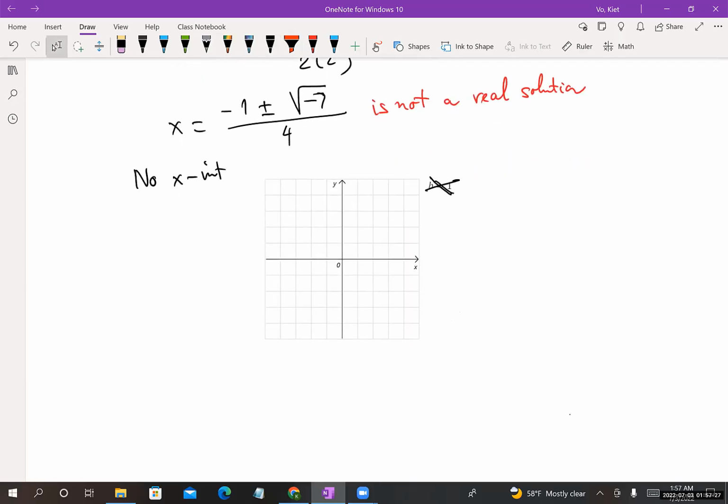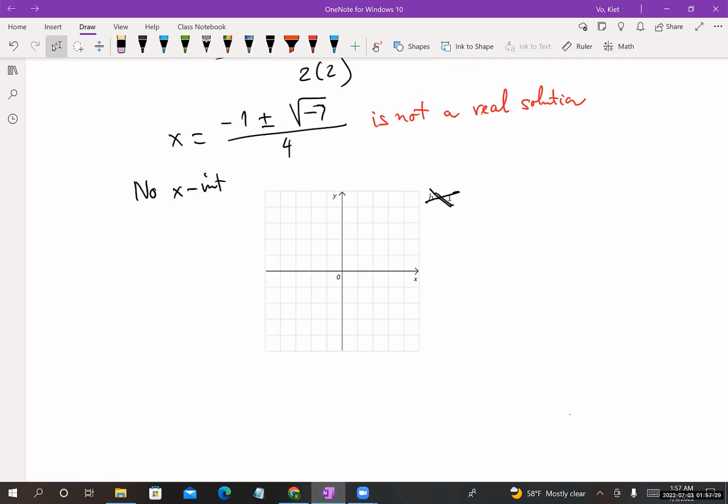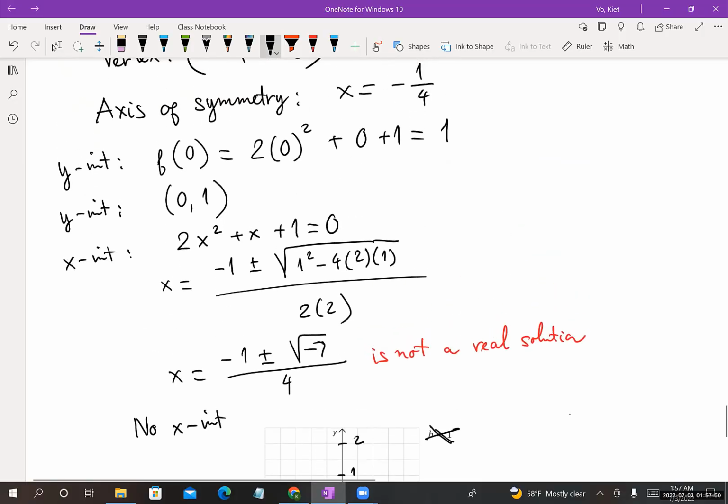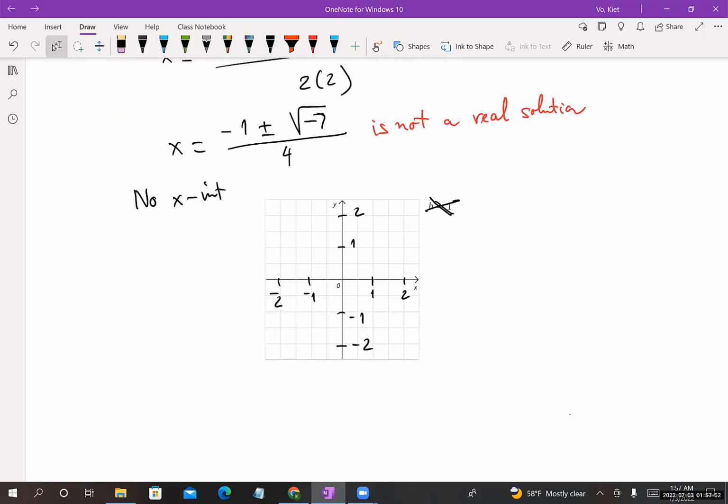Okay, so here I'm going to set the scale. Let's say this is 1, let's say 2, negative 1, negative 2. I'm going to locate the y-intercept 0, 1, which would be this point here.